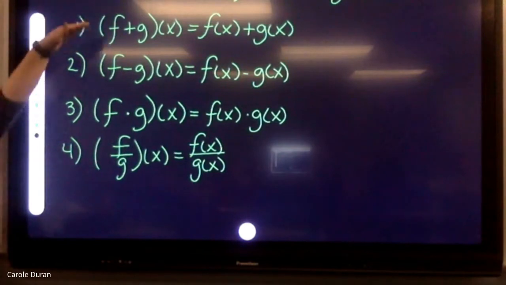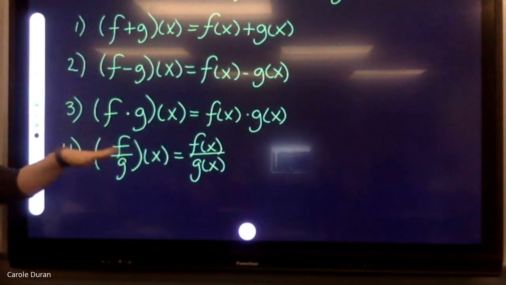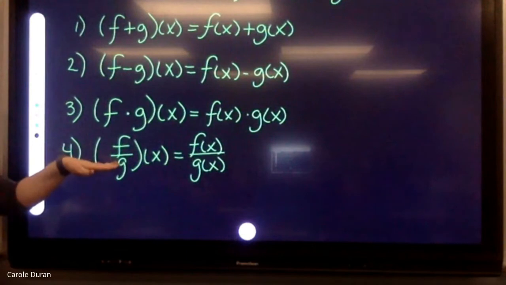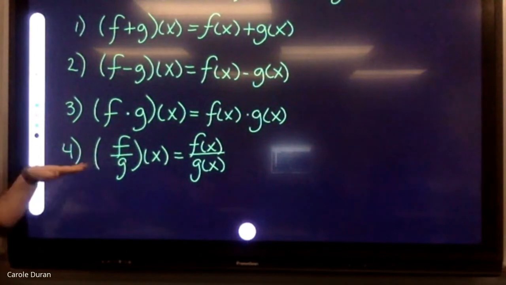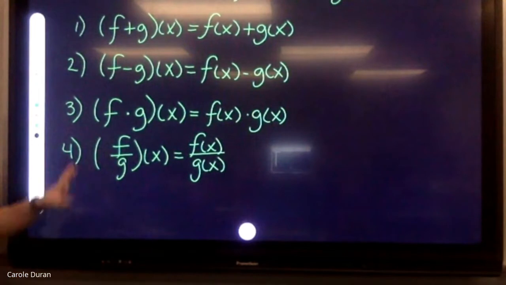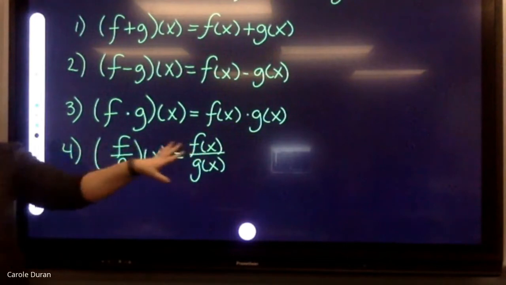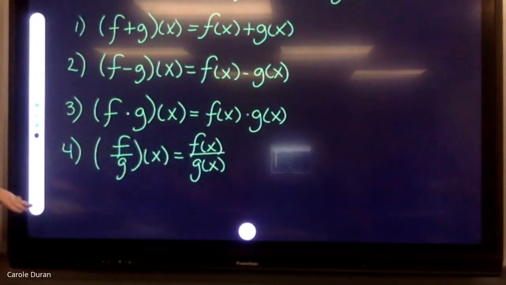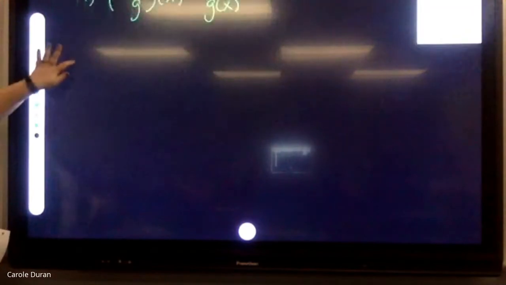Are any of these a fraction? This is the only one, for the most part, where we are going to find domain restrictions. If there is no restriction, what do we assume our domain is? Negative infinity to infinity. So this is really the only one, for the sake of this lesson, where we're going to find some domain restrictions that we'll have to exclude. Okay? So let's do some examples with some actual numerical functions.